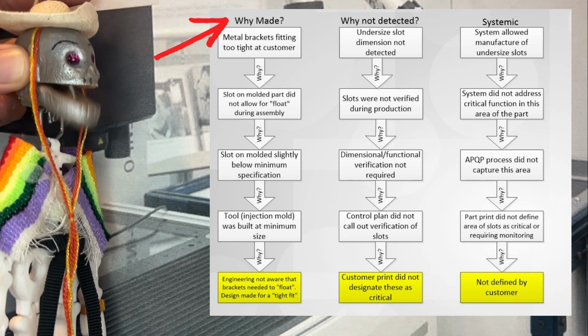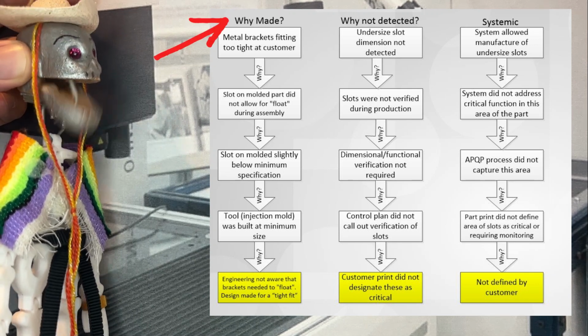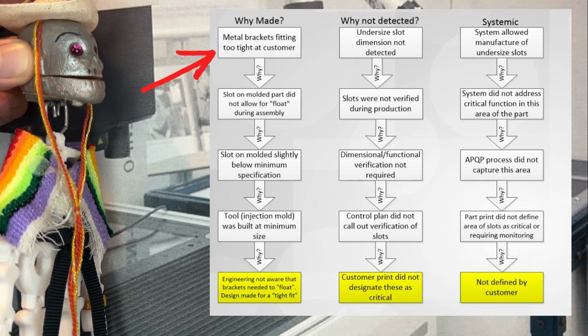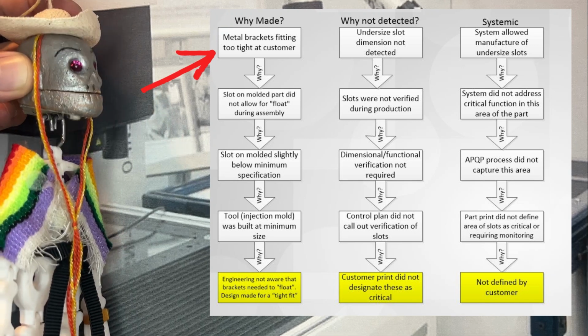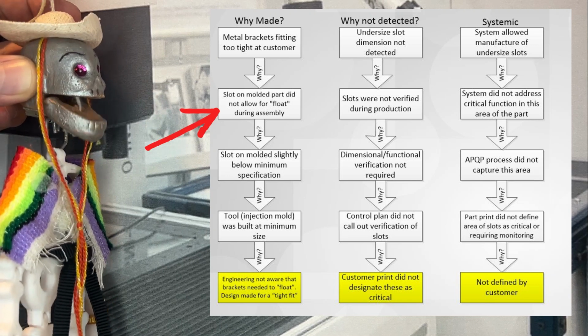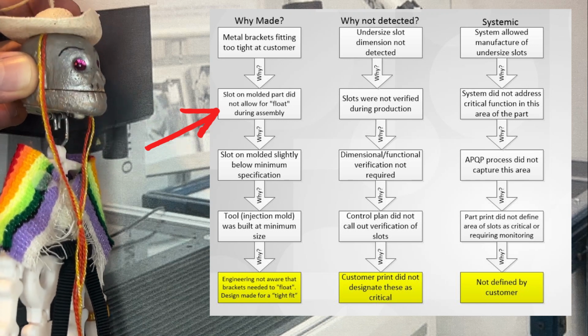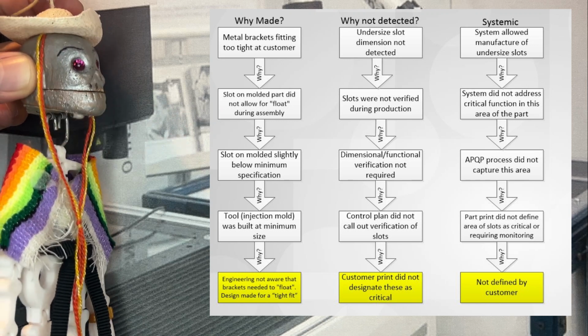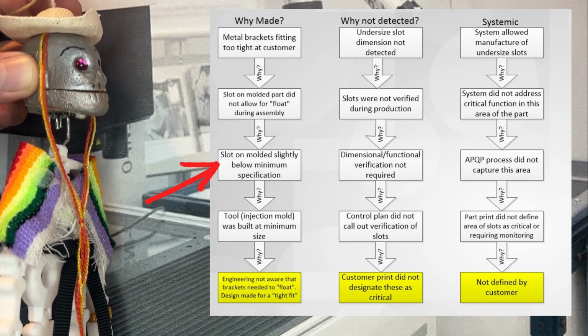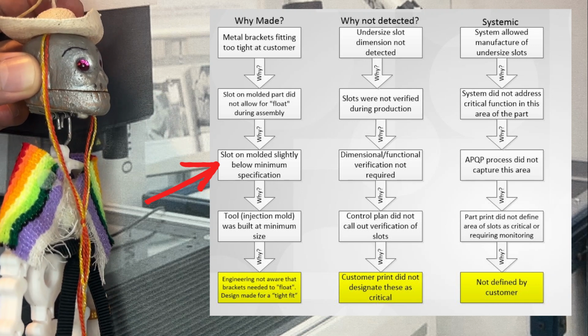The first leg is related to why the defect was made, and the metal brackets were too tight at the customer's assemblies. Why? Because the slot on the molded part did not allow for a loose or float fit during assembly. Why? Because the slot on the molded part was slightly below the minimum specification.